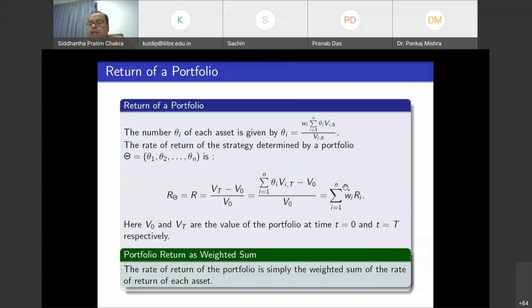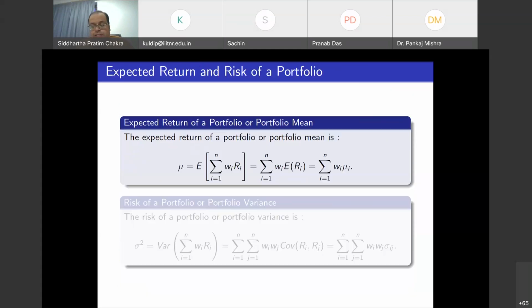So a linear combination of these random variables, which is given by R, is also going to be a random variable, reflecting the return of the portfolio. Now we need to talk about the return and risk of the portfolio as a whole, once I have obtained the return in terms of the returns of individual assets. As I said, the next natural step is to talk about the expected return and the risk.